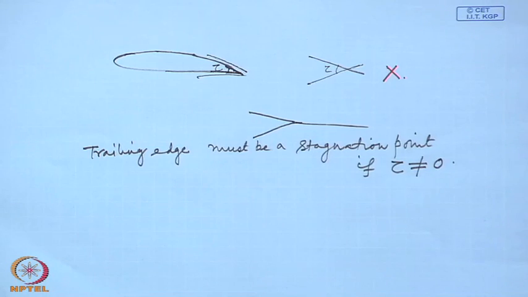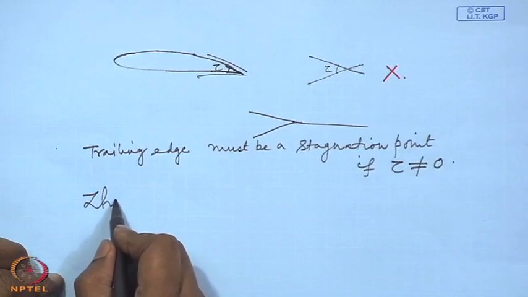However, we have seen already that the Zhukovsky airfoils have a cusped trailing edge, that is, the trailing edge angle is 0. What will happen in that case? The Zhukovsky airfoils are cusped.